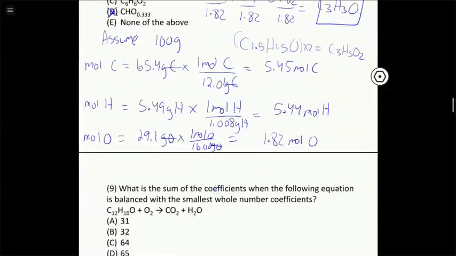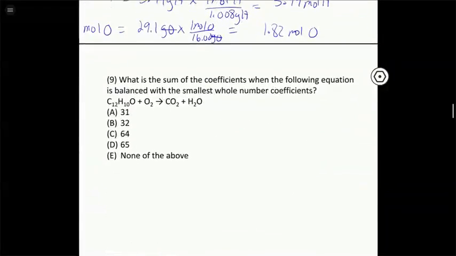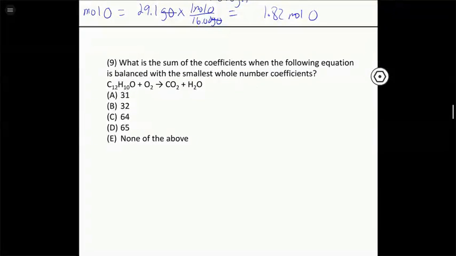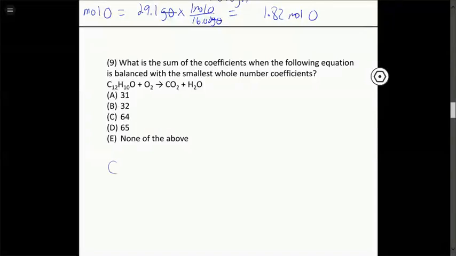Okay, number 9. Here's just a balancing problem. So we have the reaction of C12H10O with O2 to make CO2 and water. All right, so this one is not too bad to balance, I don't think.